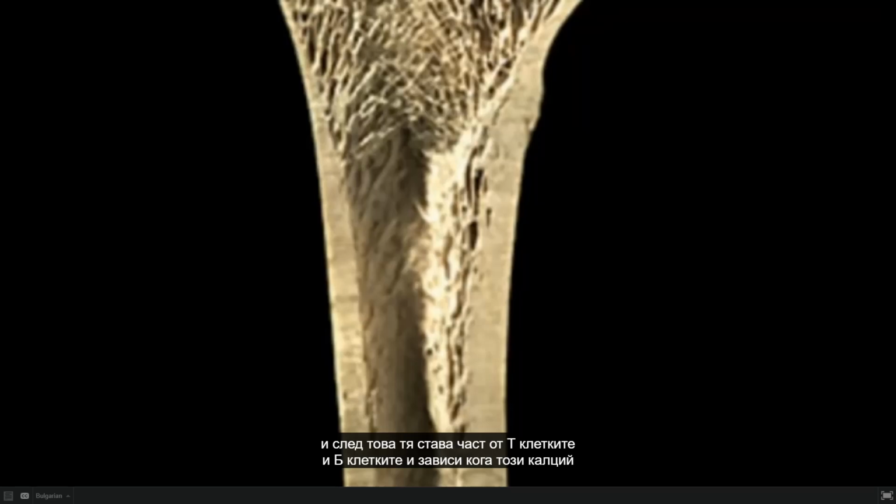And it depends on when this calcium, as a gravitational magnetic field, not molecular, reaches a field strength. At that point it joins or gets absorbed into the bone marrow, and then it becomes part of the strength of the immune system.